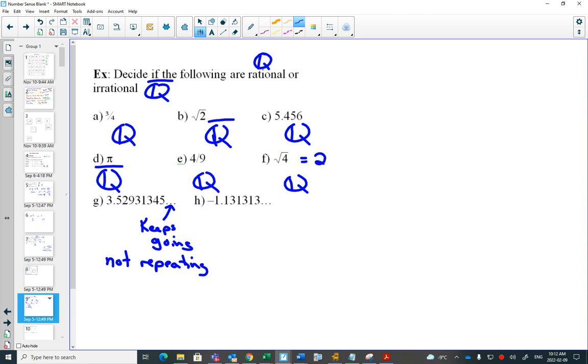There are numbers that keep going that never end. I could take my ruler and draw a number that never ends. Okay, I'll show you that afterwards. So this one would be irrational because it doesn't repeat.